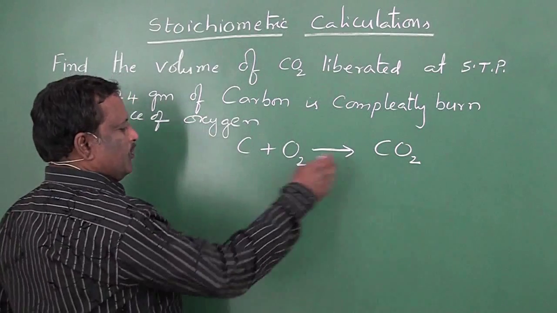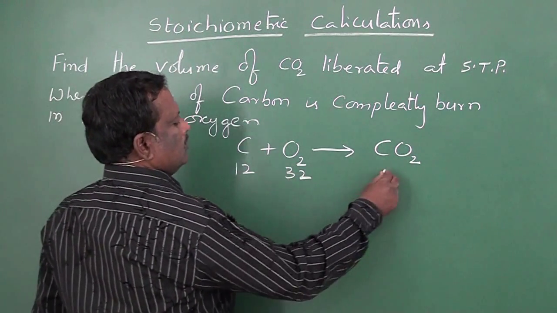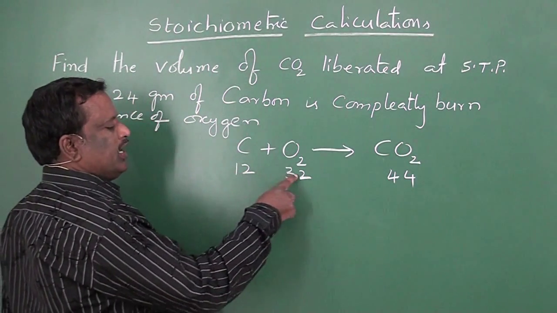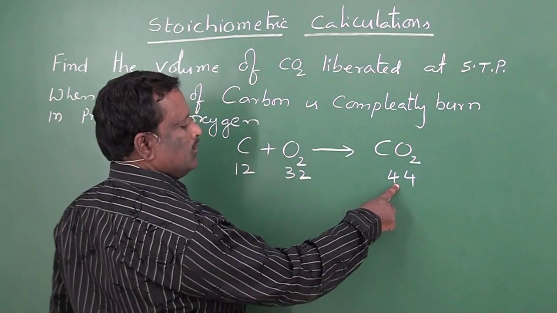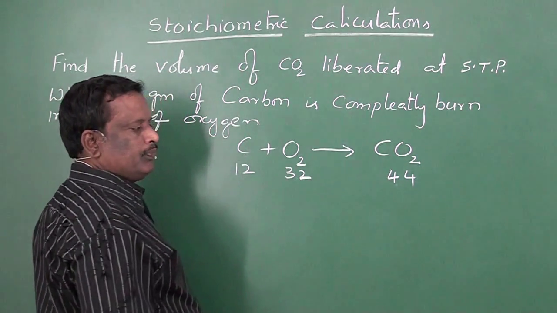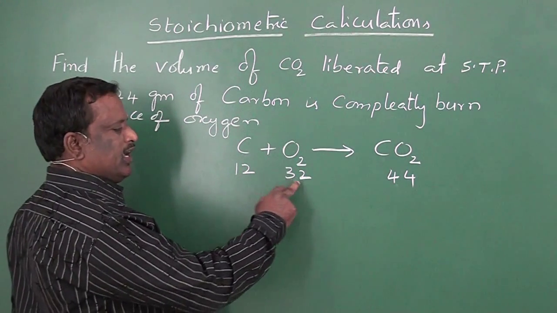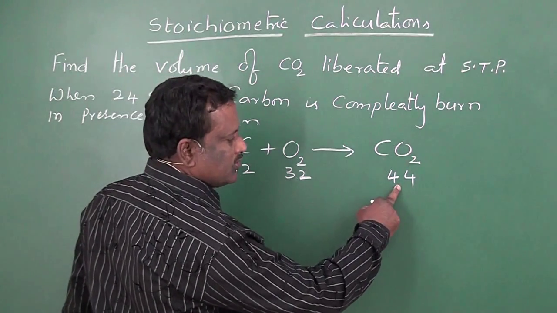Now, in the second step, if you substitute the atomic weights, 12 units of carbon is reacting with 32 units of oxygen to give 44 units of carbon dioxide. So, if 12 grams of carbon is taken, it reacts with 32 grams of oxygen and produces 44 grams of CO2.